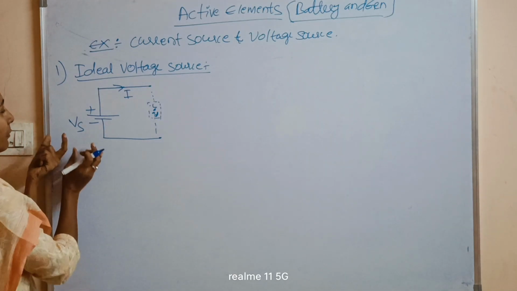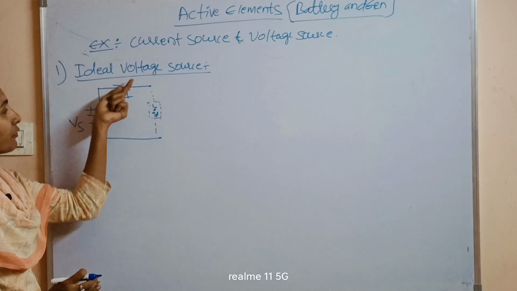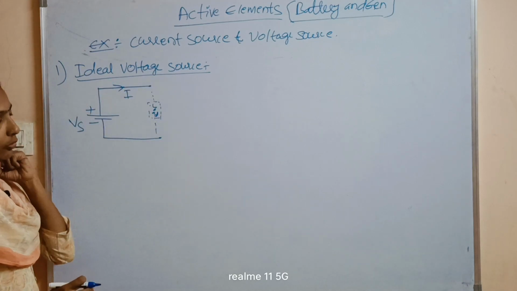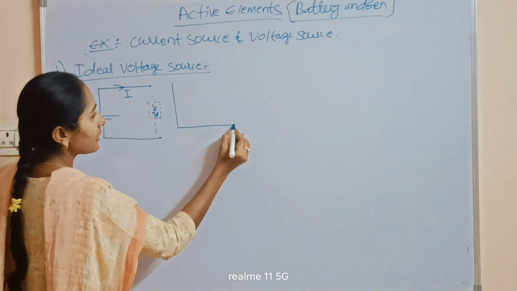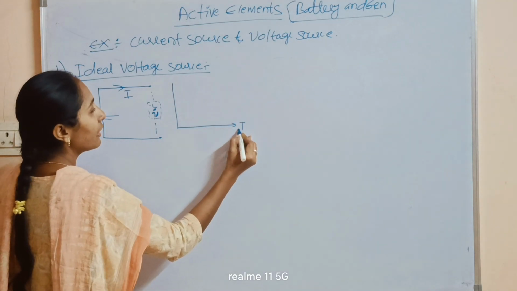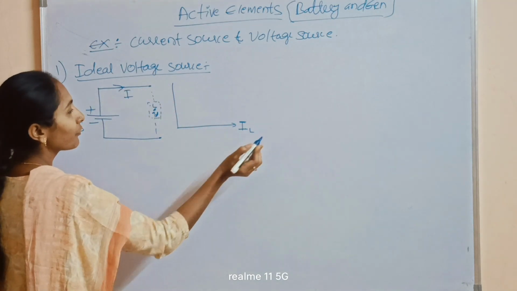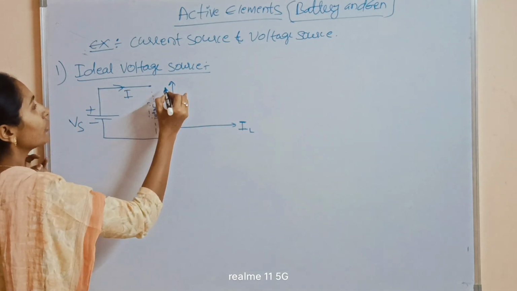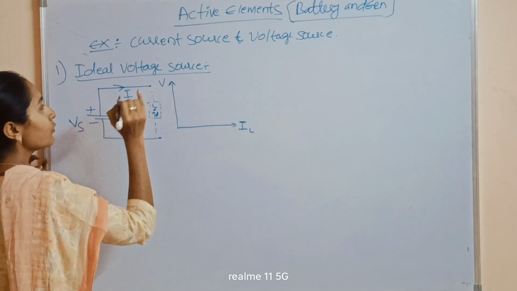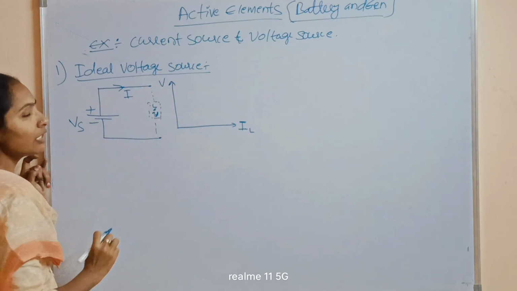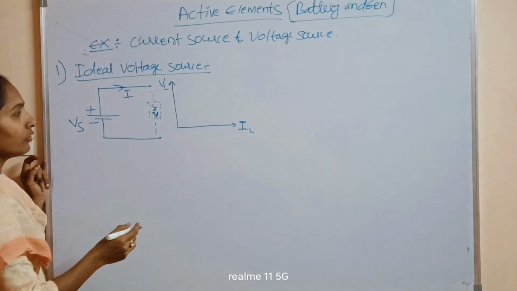When I apply the source voltage, it produces some amount of current that flows towards the load. Now coming to the characteristics: on the x-axis I am considering the current towards the load, and on the y-axis I am considering the voltage across the load terminals, call it VL.